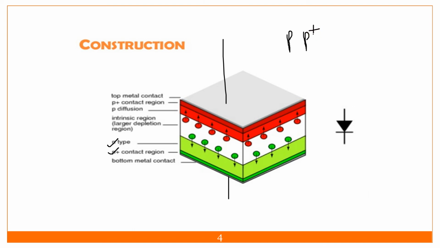This P plus indicates that it has more holes than the P. Likewise, you will find P minus, which indicates that the holes are less than the standard. Here we have more concentration of holes, because we are adding boron, indium and gallium in more concentration. This is the P-type and N-type junction, and the diffusion layer is where the holes diffuse into this layer, so it is called the diffusion layer.